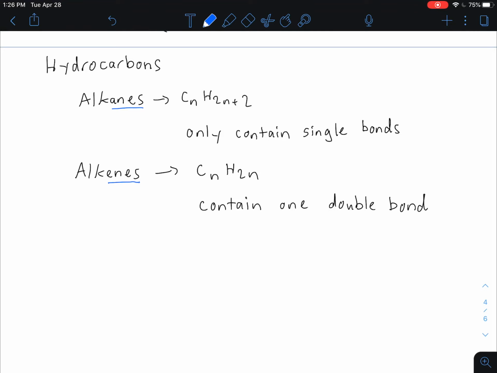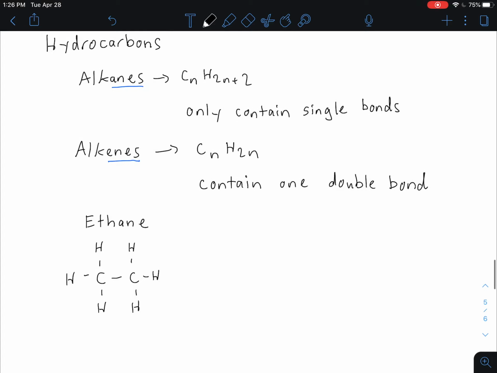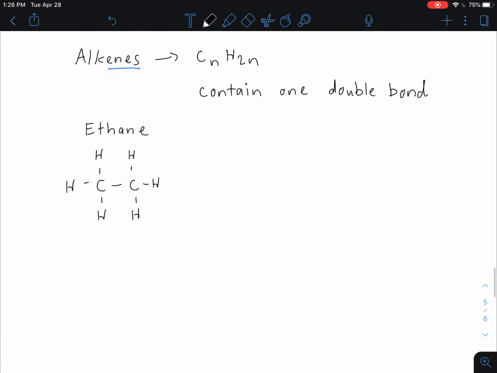So that ANE ending is talking about only single bonds. The ENE ending is indicating that there's a double bond. So let's use the example of ethane to make sense of the change in the general formula. So with ethane, we know that's 2 carbons, all single bonds, so each carbon has 3 hydrogens attached. And then we can compare that to ethene.